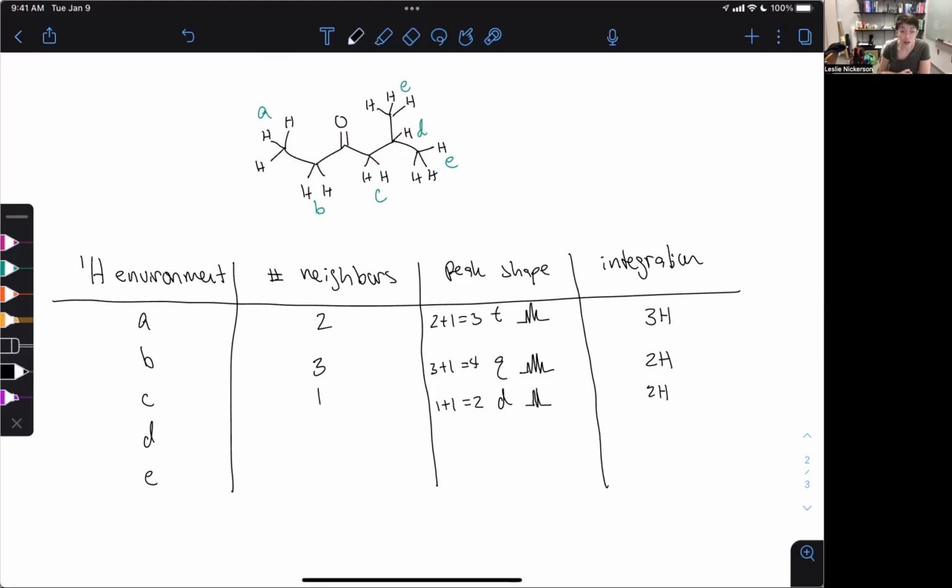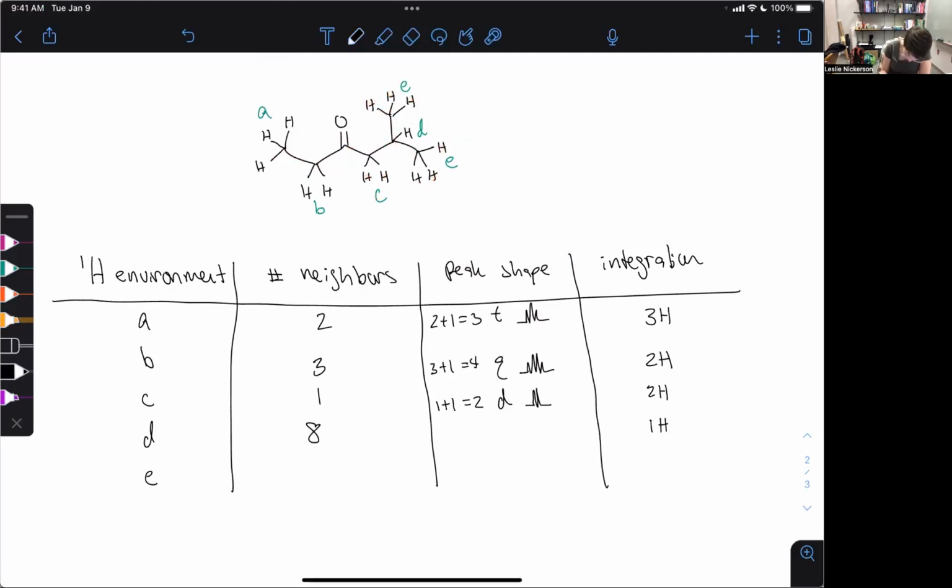And then D is 1 H in that environment. Now D, if I'm looking at neighbors here, I'm looking at this carbon, I need to go up here. I need to go down here. And I need to go over here. Okay, so I need to count all of its neighbors. So I've got a total of 1, 2, 3, 4, 5, 6, 7, 8 neighbors.